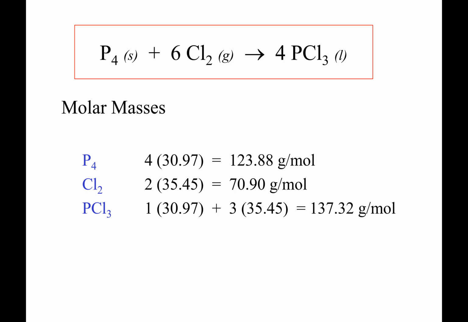And not in this problem, we're going to do a follow-up problem where we're going to go to moles of product, PCl3. So we need its molar mass. We take 1 times the decimal number for phosphorus, which is 30.97, plus 3 times the decimal number for chlorine, which is 35.45. So it's the heaviest of everything. Its molar mass is 137.32 grams per mole.